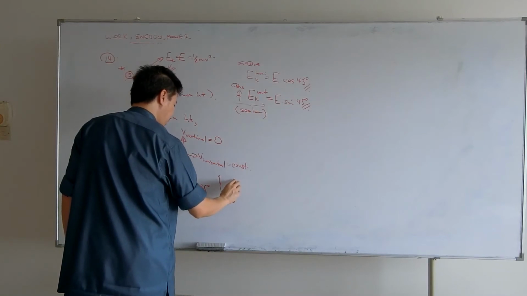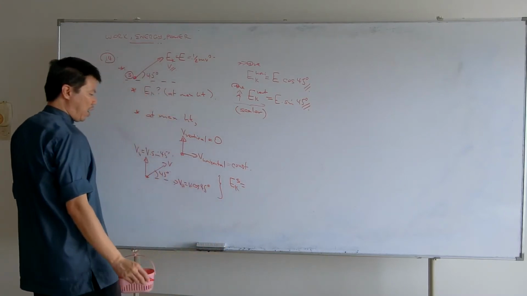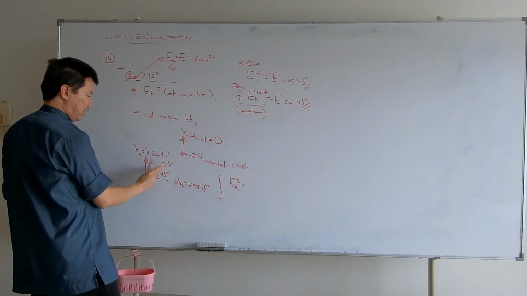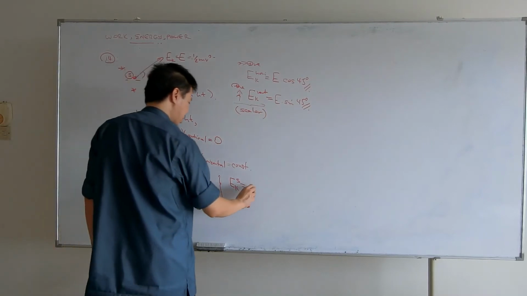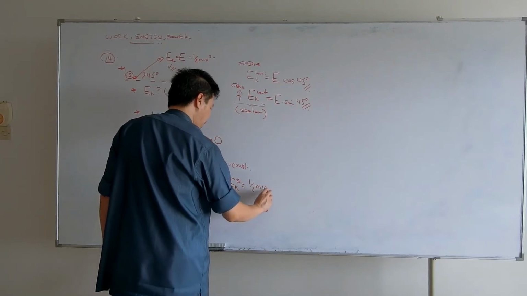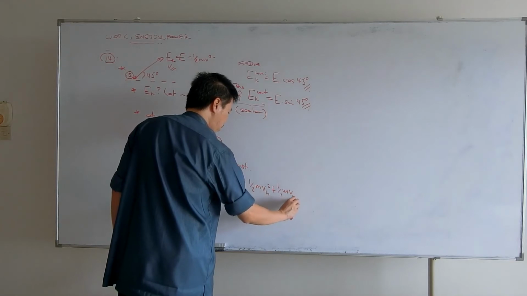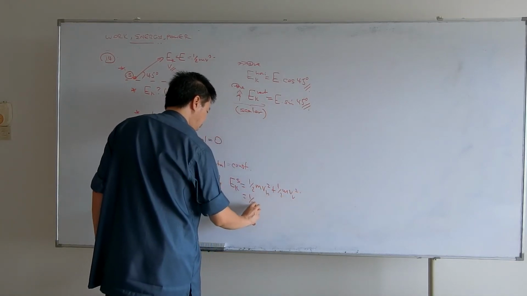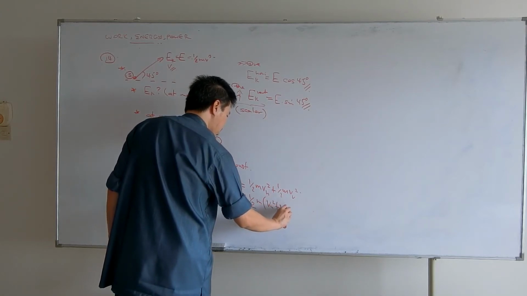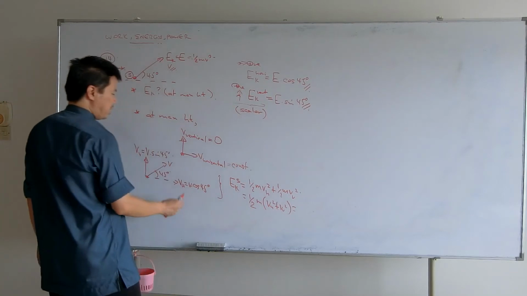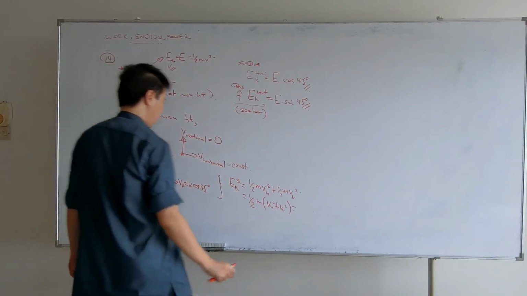Our kinetic energy at point S is EK equal to half mv squared, but in this case there are two v's, so it is half m vh squared plus half m vv squared, equal to half m times vh squared plus vv squared. Vh squared is just V cos 45 squared plus V sin 45 squared.